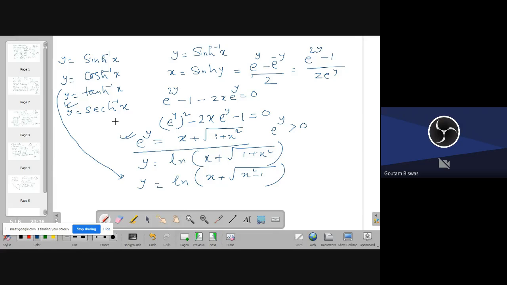Now, the assignment: you just do it in your copy, then take an image, convert it to a PDF file, and send it from your individual number by WhatsApp to me. My WhatsApp number is 8617805590. Understood this one? Don't send it in this group.